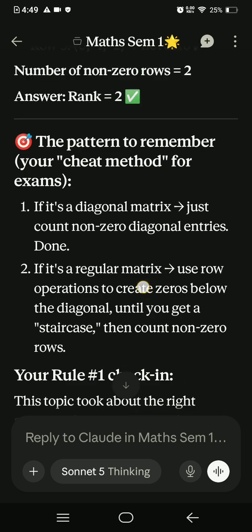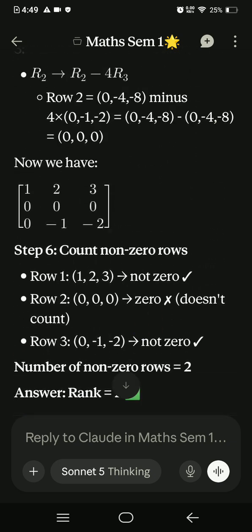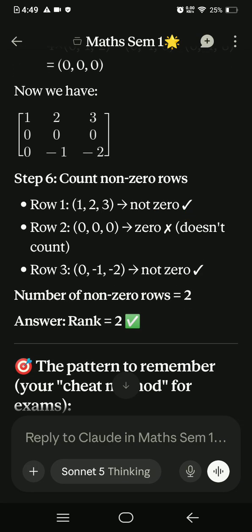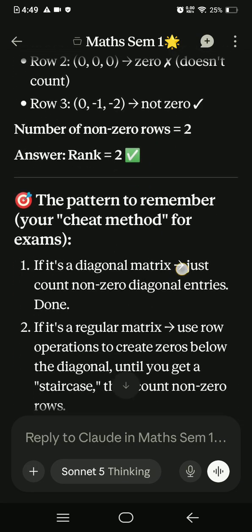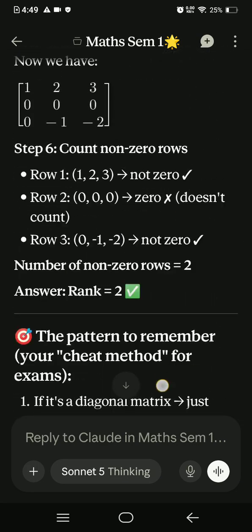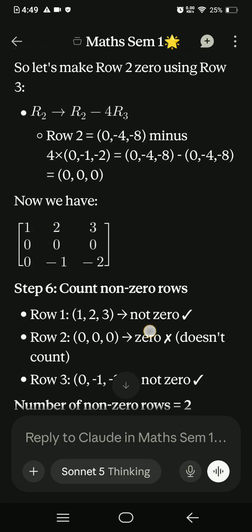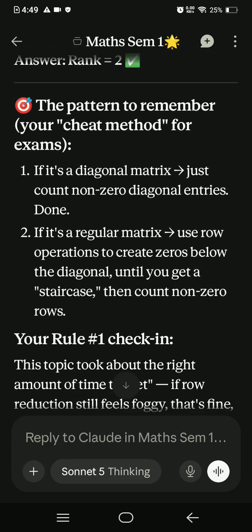So did we get a staircase? How is it a staircase? Maybe we can swap these two rows, then we'll have something like a staircase.